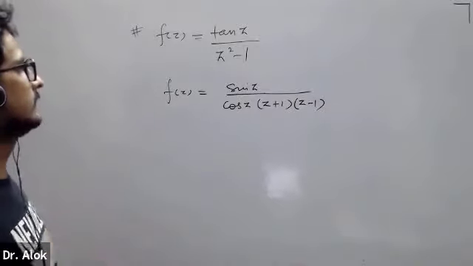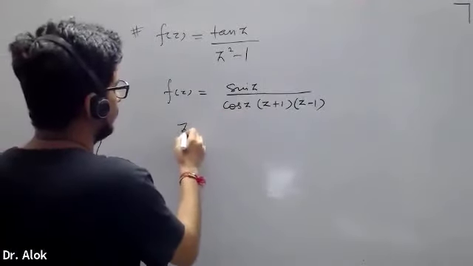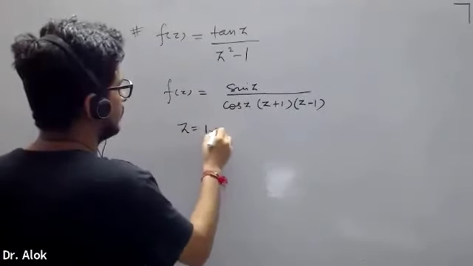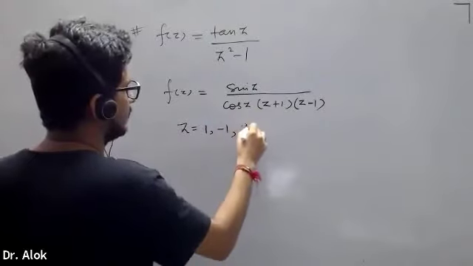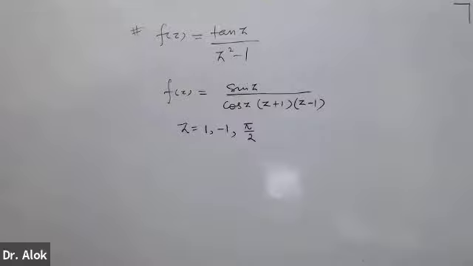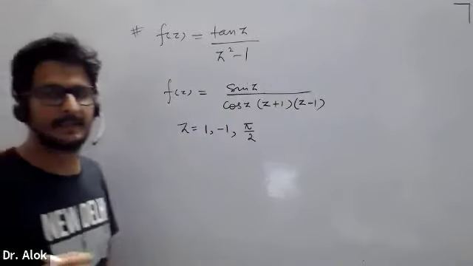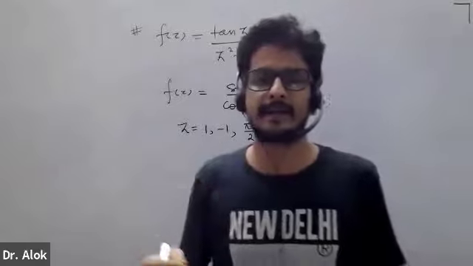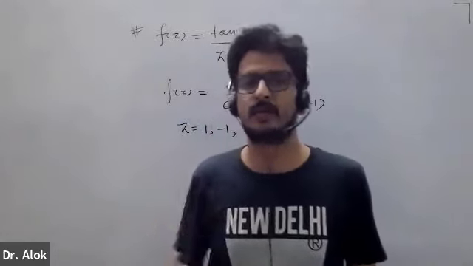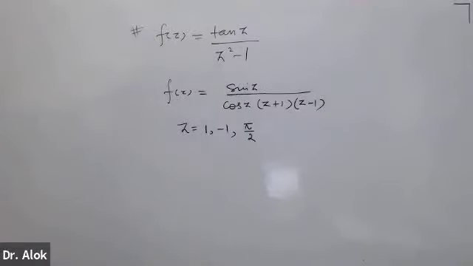So this is the function, and we have poles at plus 1, minus 1, and let us consider only one pole from here, because you will have n pi by 2 poles where n is equal to 1, 3, 5 and so on. Okay, so you can calculate residue at many points, but as an example, let me consider this and let us calculate this residue. Fine.